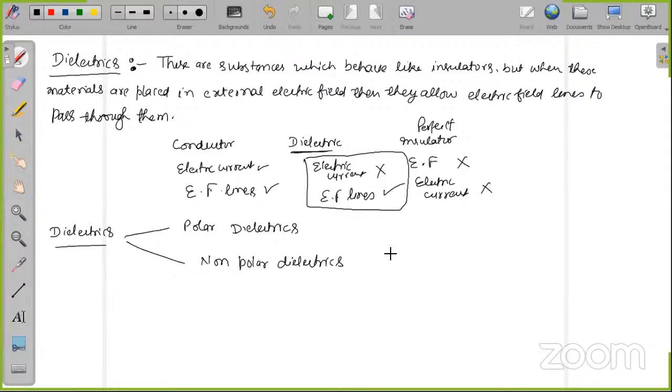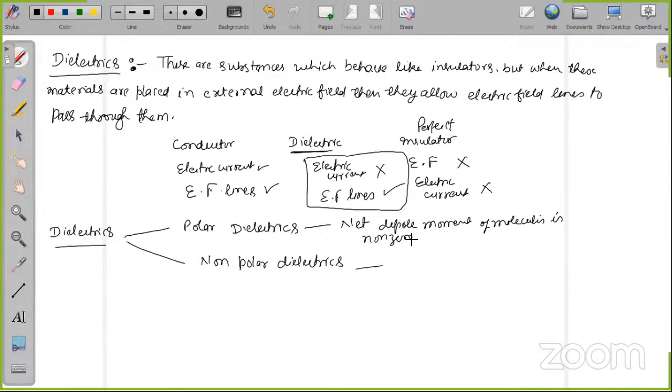In polar dielectrics, the net dipole moment of a molecule is non-zero.